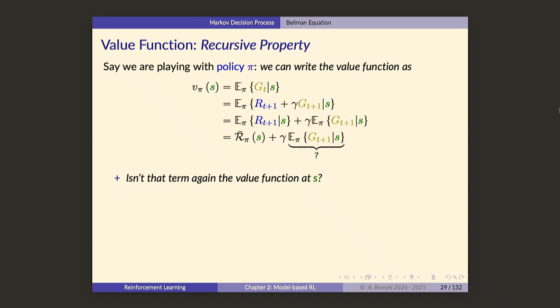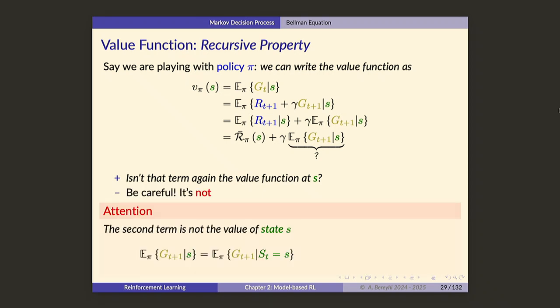Why? Pay attention. This is a very typical mistake. To be honest, I made it the first time I was studying reinforcement learning, so no worries, that's totally normal. You would say, okay, future reward when I am in state S. But this state S is happening at time t. You assume your state at time t is S, but you're not talking about your future reward at time t, you're talking about your future reward at time t plus 1.